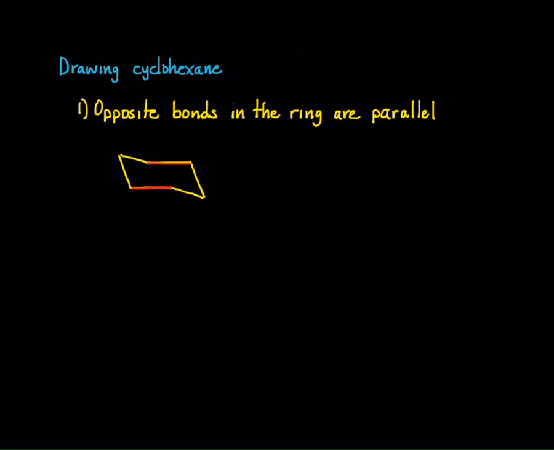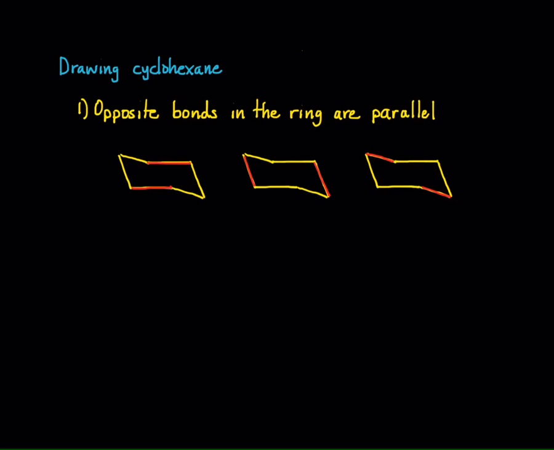I'm going to draw it again. Right? So I see that the bonds in red are also parallel, and of course we have another set of parallel bonds right here. So when you're drawing that ring, you can think about drawing those parallel bonds, and it makes it a lot easier.